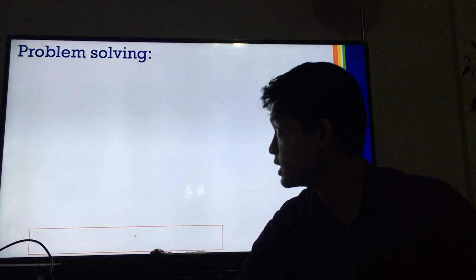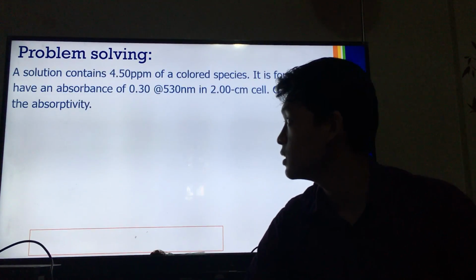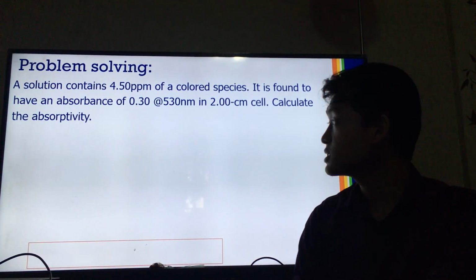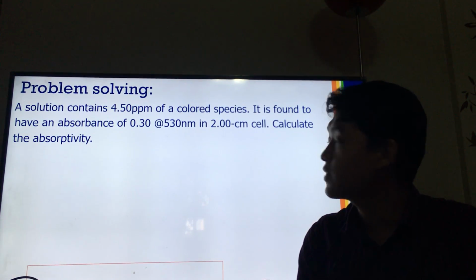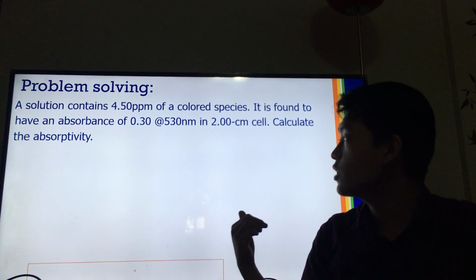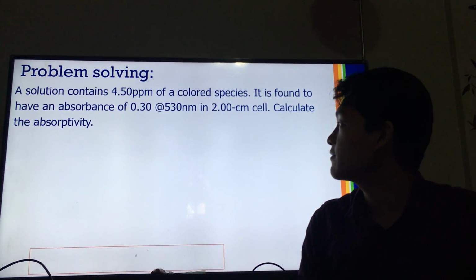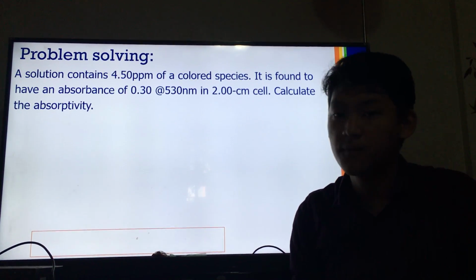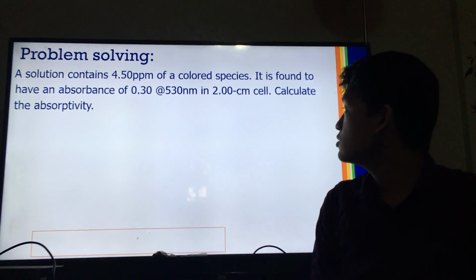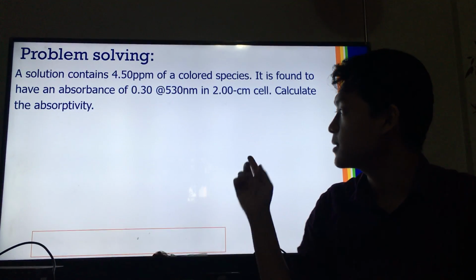Now let's put it into application. Here we have a problem which says that a solution contains 4.50 parts per million of a colored species. It is found to have an absorbance of 0.30 at 530 nanometers in a centimeter cell. Calculate the absorptivity.